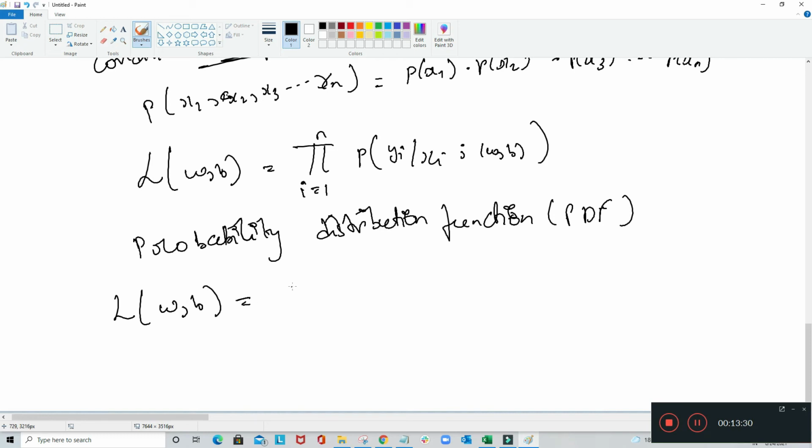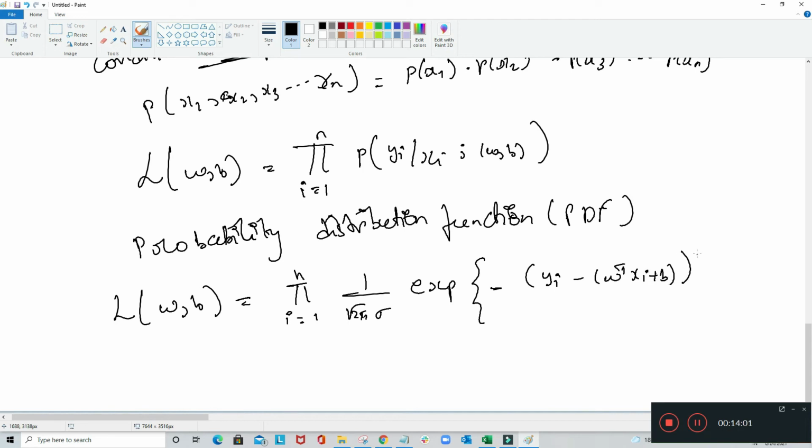the likelihood function becomes product of all terms 1 by square root of 2 pi into sigma exp of minus yi minus y hat, that's nothing but yi minus w transpose xi plus b, this square divided by 2 sigma square.